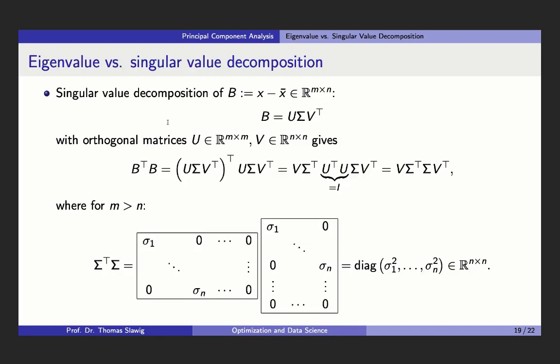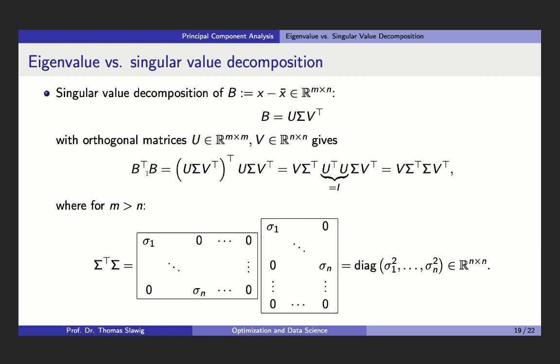So if we now compute the singular value decomposition just of this data matrix, so not of the estimator for the covariance matrix, but just of the matrix B, x minus x bar, where this is the mean, we obtain this here with orthogonal matrices U and V and this diagonal style matrix.